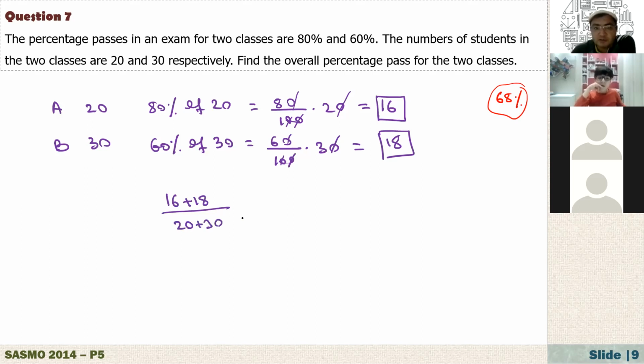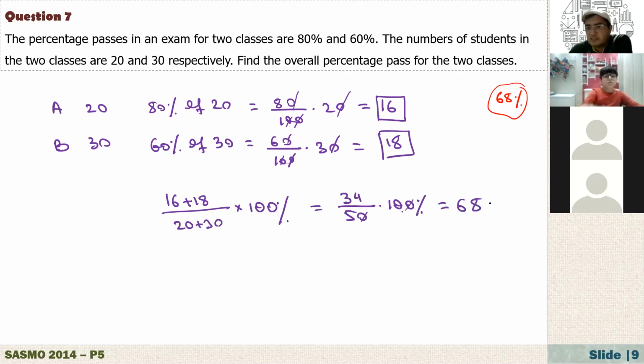Altogether, 20 plus 30. And now we have to express it as a percentage, so we multiply by 100%. 16 plus 18 is 34, and 20 plus 30 is 50, times 100%. So 100 divided by 50 is 2, and 2 times 34 is 68%. And 68 is the correct answer. Very good.